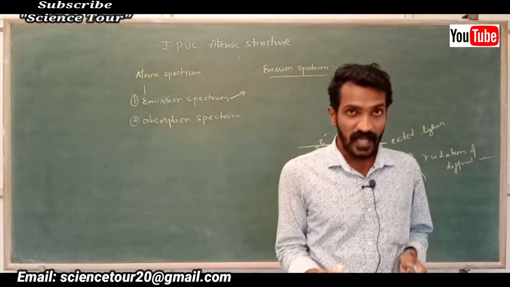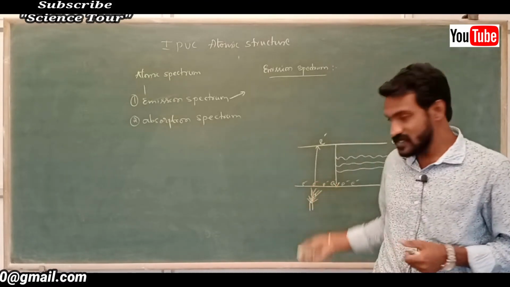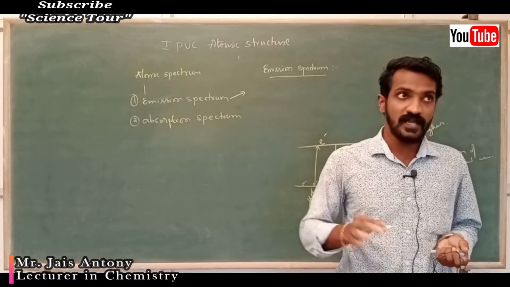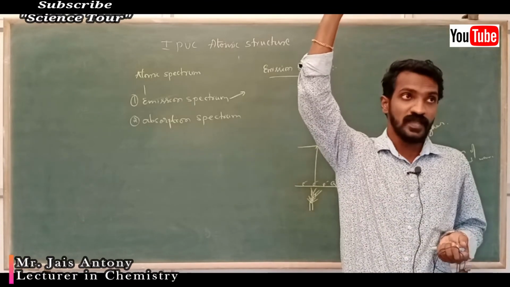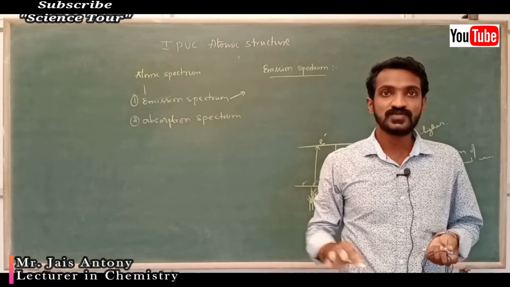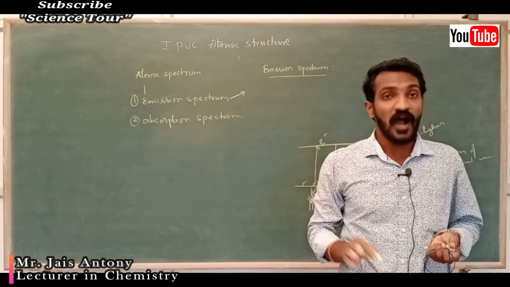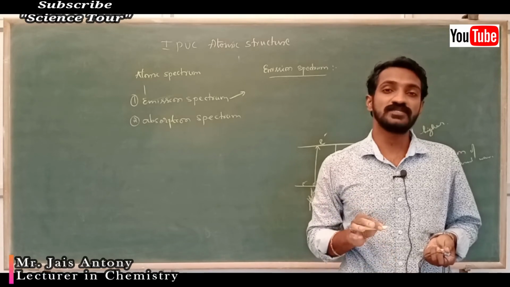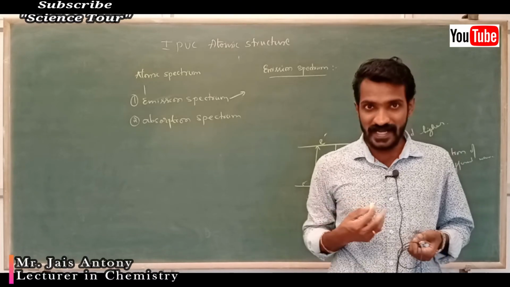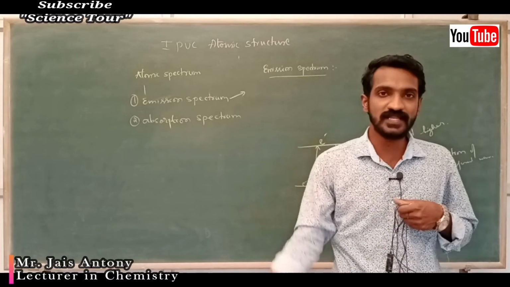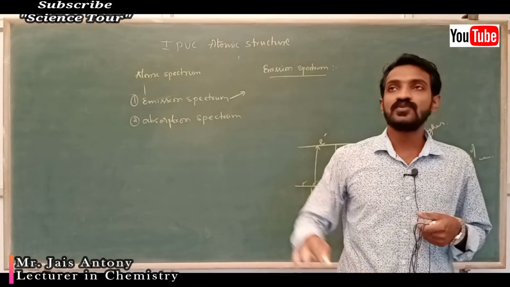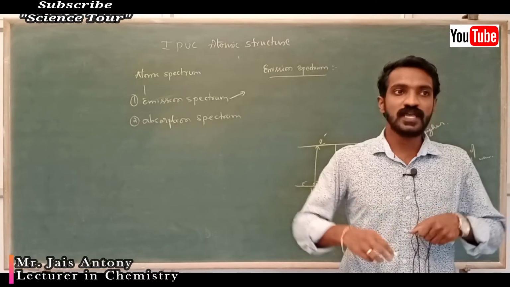So the electron absorbs radiation. Light energy means radiation. The electron absorbs radiation and jumps to a higher energy level. As I already mentioned, the higher energy level is highly unstable, so it should come back to the lower energy level. How can it come back? That is very important. By emitting what it absorbed. What it absorbed, the same thing it emits.